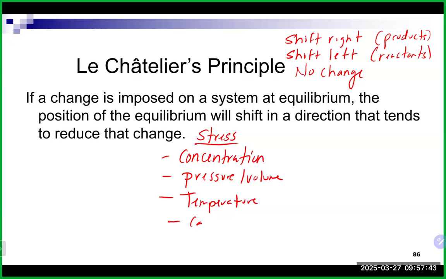And we could also add a catalyst. These are things we can apply to a system at equilibrium that may cause the system to shift one way or the other to get itself back to that equilibrium state. We're going to talk about each of these and the effect it has on the equilibrium.